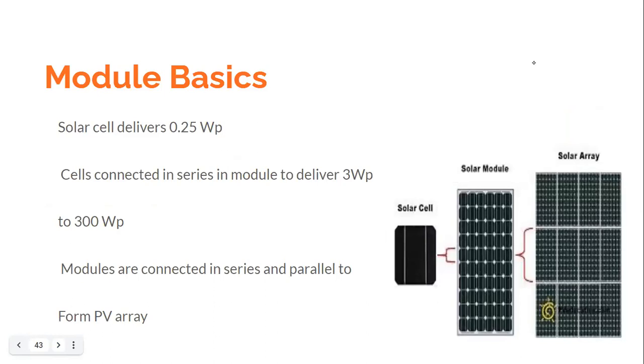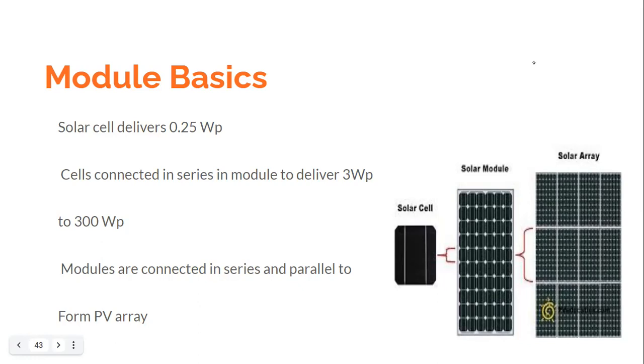Okay. Now, before going into the sizing concepts, let me try to explain what exactly the solar module is. The solar modules in the market you would have seen in the form of a solar array. Solar array means it is made up of a number of solar modules, and a solar module means it is made up of a number of solar cells.